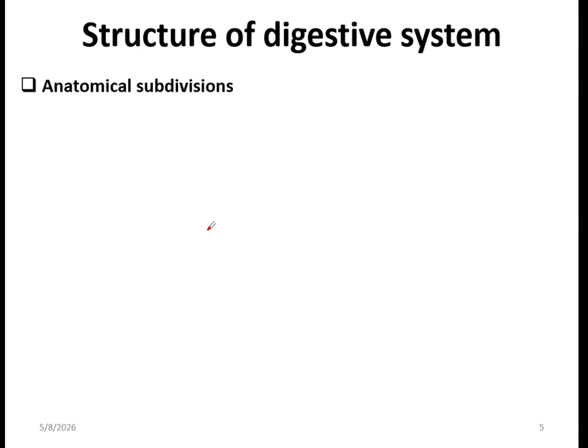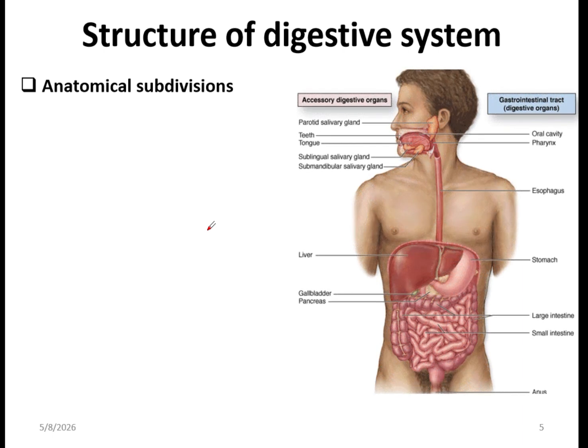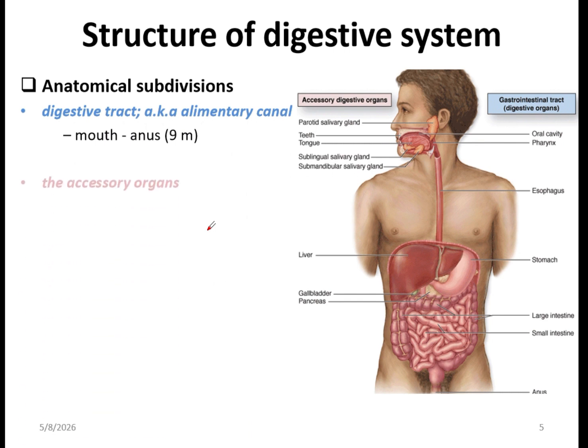So next we can talk about the structure of the digestive system. First of all is the anatomical subdivision. As you can see here, these are the accessory digestive organs and the gastrointestinal tract digestive organs. The digestive tract, or alimentary canal, leads from mouth to anus, and it is approximately 9 meters, right?